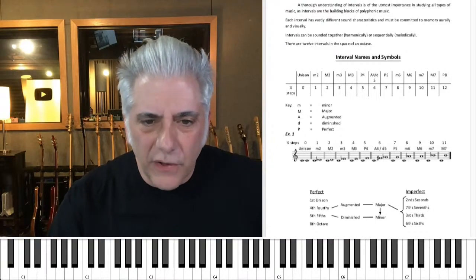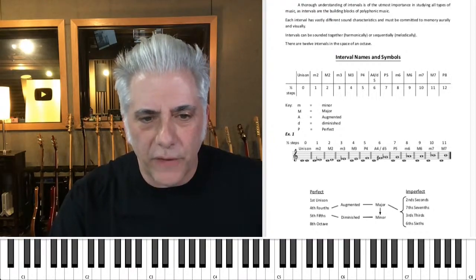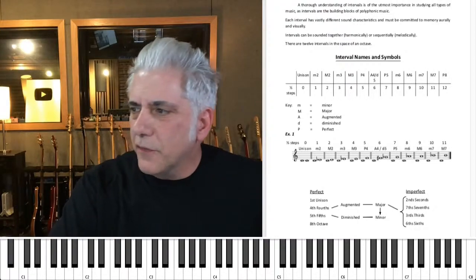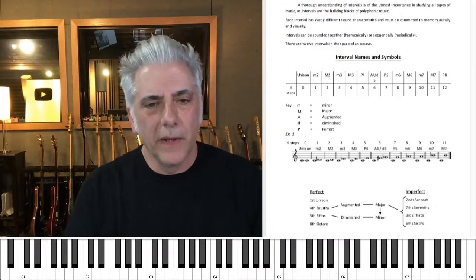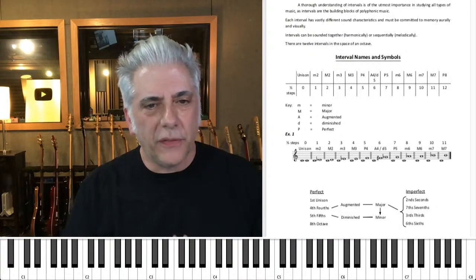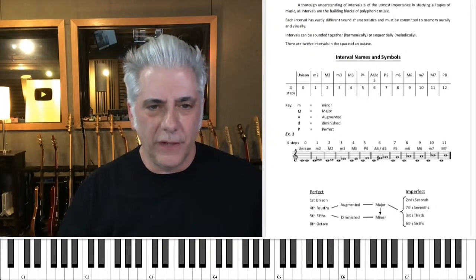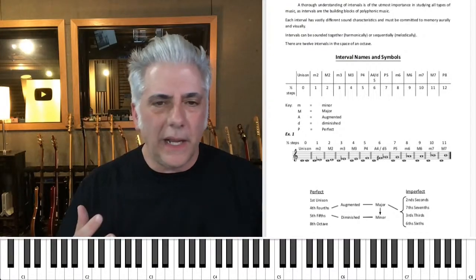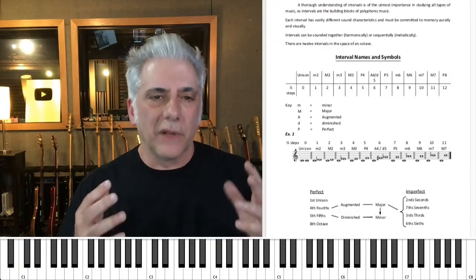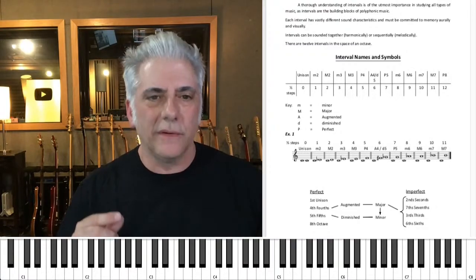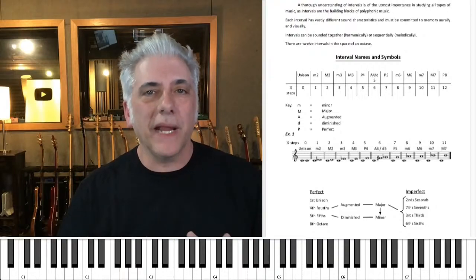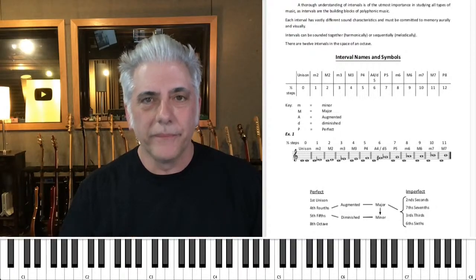There's a chart down here that says perfect and imperfect intervals, right? It's just right above the keyboard here. The perfect intervals are the unison, the perfect 4th, perfect 5th, and perfect octave, right? Or perfect 8th. When you look at the way the intervals are labeled, a lowercase m means minor, an uppercase M means major.